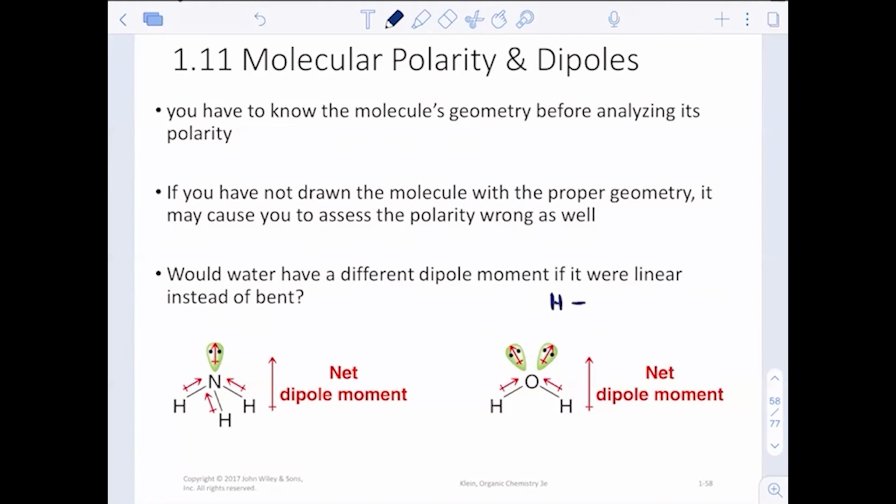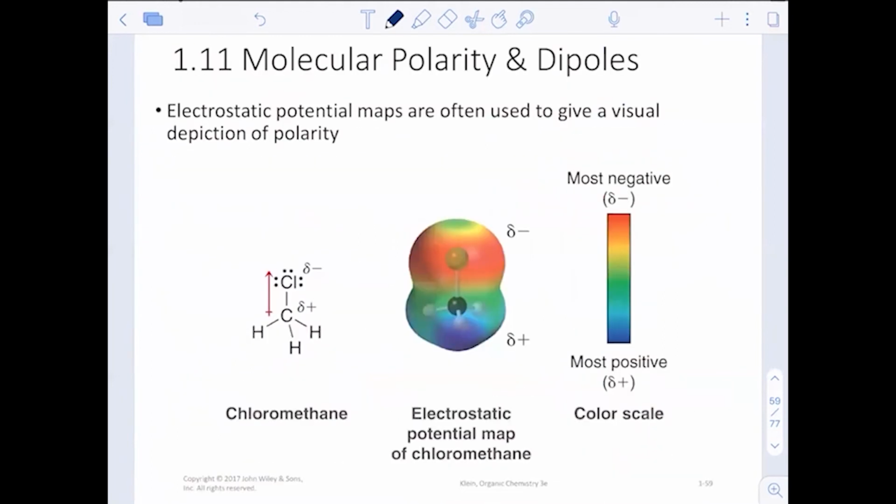For instance, if you just drew water looking like this and said it was linear, you might say that the vector sum would be net zero because you forgot there are lone pairs and that it is bent, not linear. So be very, very careful when analyzing all of these. You have to understand and really value the overall idea of the geometry first before analyzing the polarity.